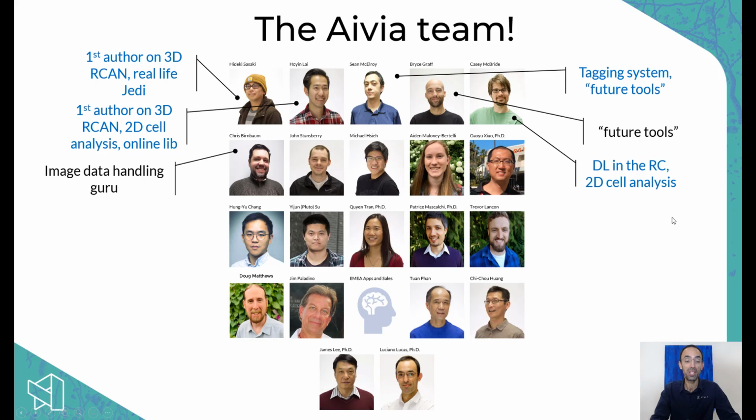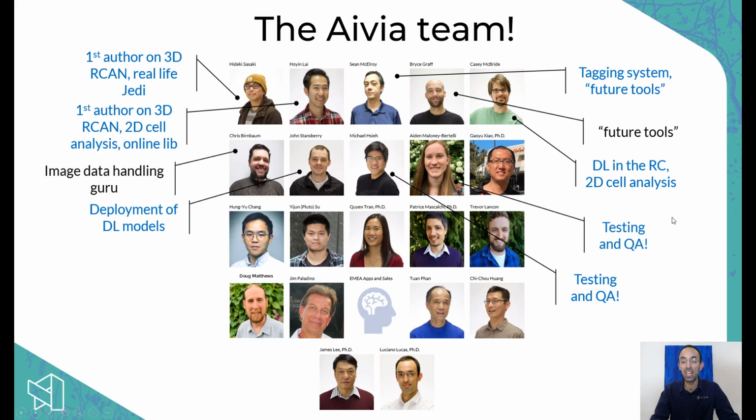Chris, who is our image data handling guru, thank you very much for your efforts in this release. John, who has been instrumental with Aivia Cloud, but not only, and has done a lot for the deployment of the Aivia models that you'll be using now.